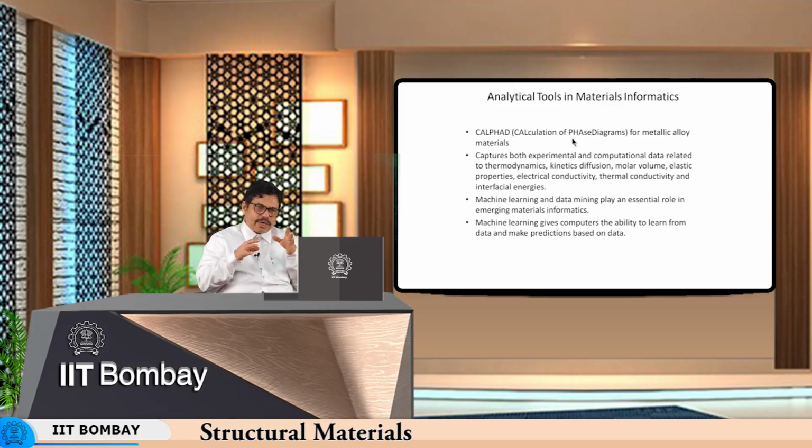And then here also machine learning and data mining play an essential role in emerging materials informatics, because it can now correlate. So, CALPHAD can generate data analytically on what kind of microstructures will result from what kind of chemical composition at what temperatures, at what cooling rates and so on. And then this correlation is captured by the machine learning and data mining algorithms, and that gives us a faster correlation between the conditions of manufacture, the chemical composition and the corresponding microstructure that is obtained.